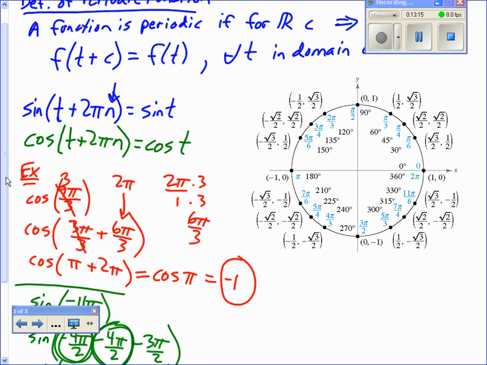There's negative 3 pi halves, negative 270 degrees, and then 2 more.